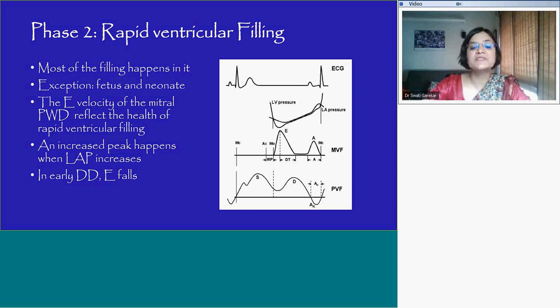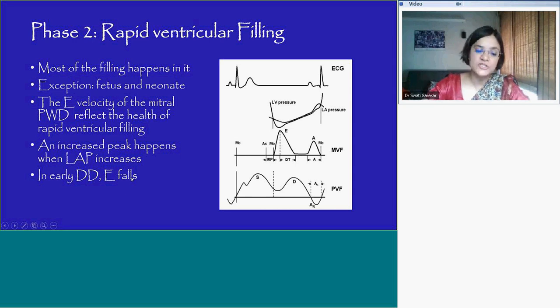The velocity will shoot up, will increase in height, if the left atrial pressure is high, whether due to something like mitral stenosis or, in the absence of any stenosis or regurgitation of the mitral valve, if the dysfunction is enough to elevate left atrial pressure, then the wave shoots up.